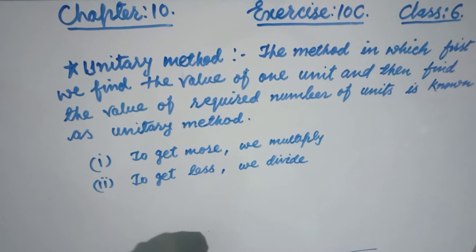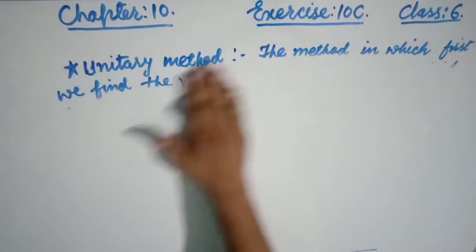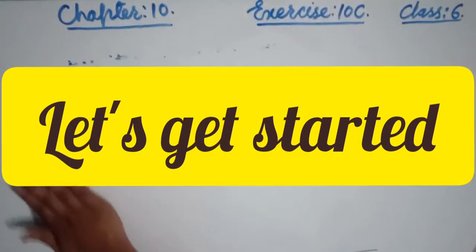So in this method we use two operations, first multiplication and division, okay. And now we will solve some questions of exercise 10c, then you will get more clear about how the method applies. So now let's get started.